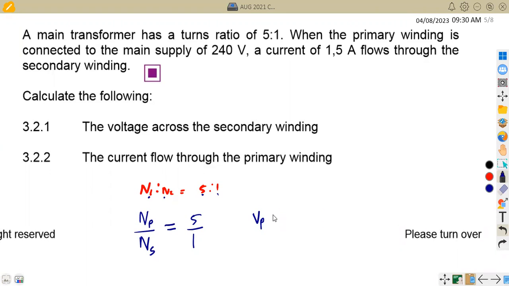So VP, the mains supply, which is our primary, is 240 volts, and the current flowing through the secondary winding is 1,5 amps. You can use V1 and V2, as long as you understand that V1 is primary and V2 is secondary, or you can use P and S. It's still one and the same thing.